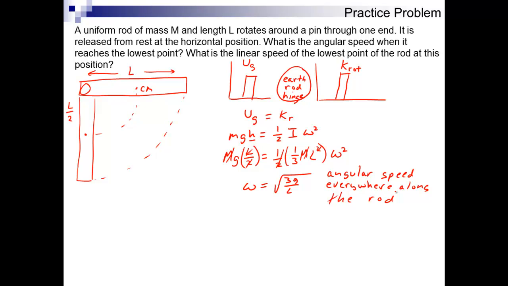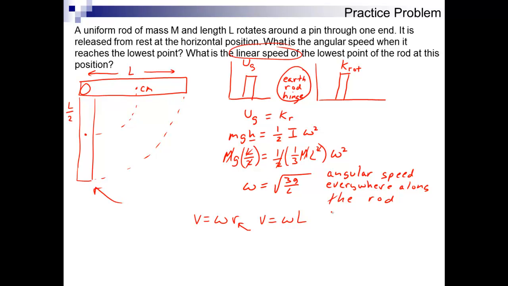To find the linear speed, we use our bridge equation, which says v is equal to omega r. But in this case, this r we replace with L. So that's v is equal to omega L, because we want the velocity at this point here.